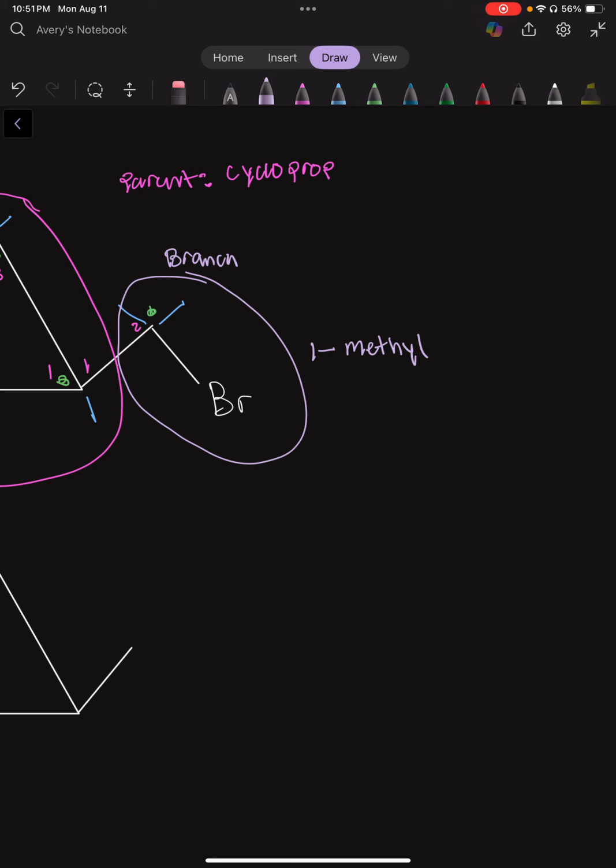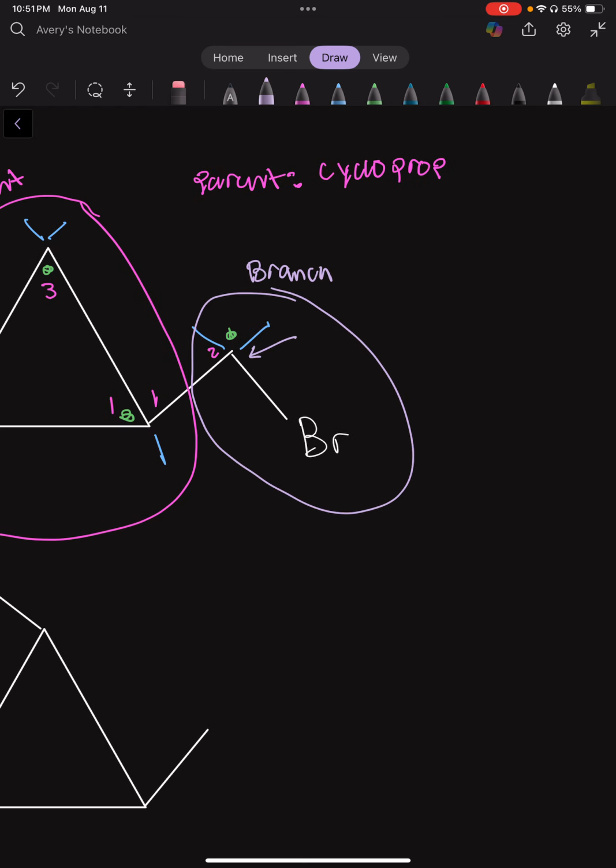Like I was saying, this right here is going to be our methyl, because it's a singular carbon.